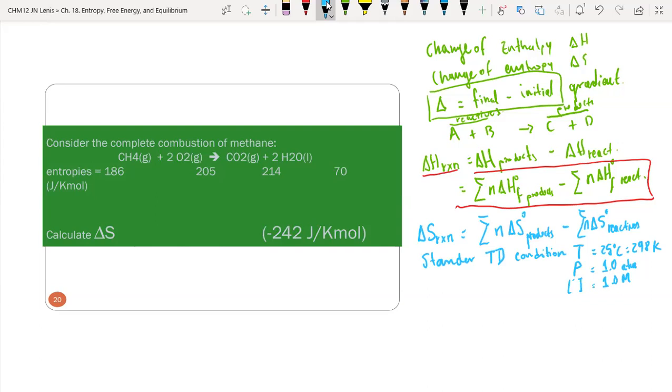So again, that means all these are standard enthalpies and entropies. And how do you find these standard enthalpies of formation or standard entropies? They are listed on a standard thermodynamic data table. Let me show you the shape of that.